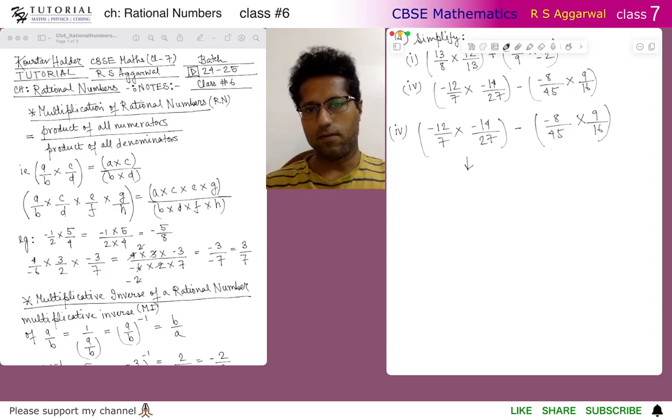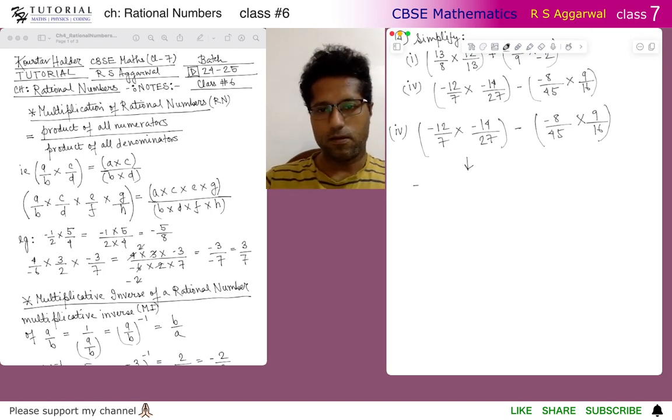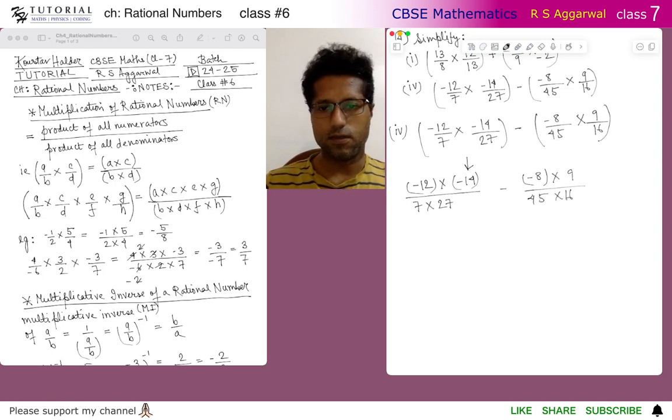So if we evaluate the first product, it will be the product of the numerators divided by the product of the denominators, this is minus, and for the second product we have minus 8 multiplied by 9 divided by 45 multiplied by 16.